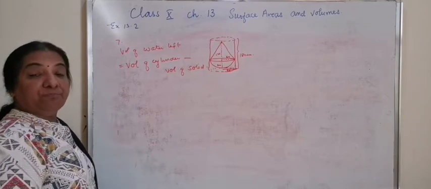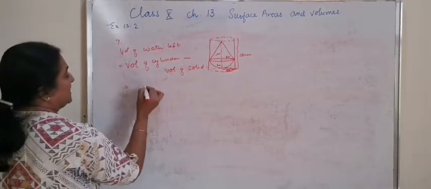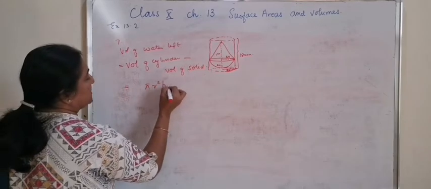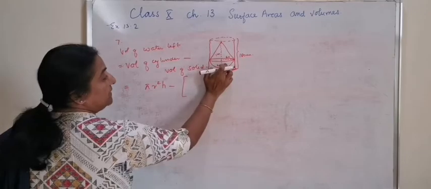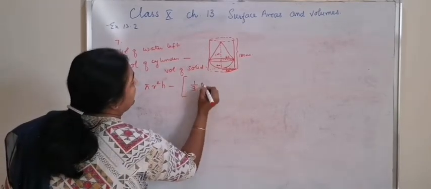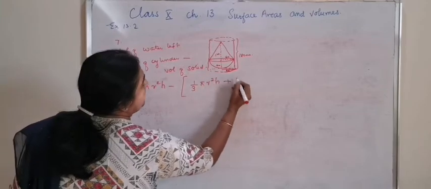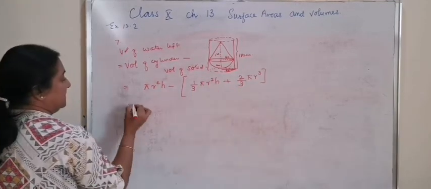Volume of cylinder is pi r square h, minus volume of the solid, which is volume of hemisphere plus volume of cone, that is 2 by 3 pi r cubed plus 1 by 3 pi r square h.